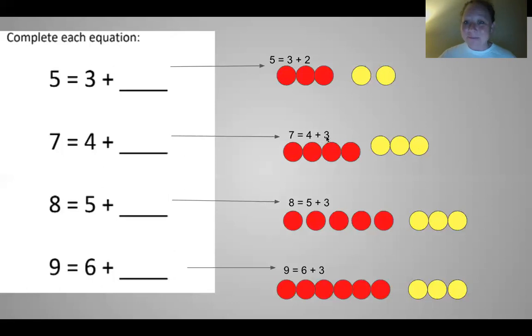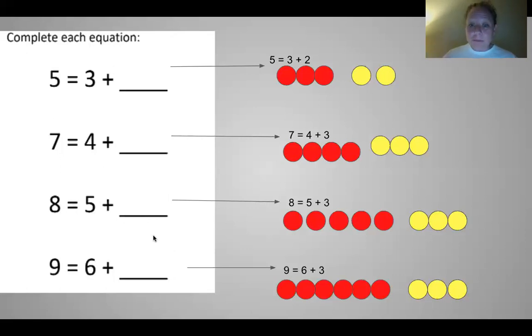Nice job. Let's look at the third equation. Read the equation with the blank. Are you ready? 8 equals 5 plus blank. I know I have 5, and I know I have 8 at the end, but how many do I need to put with 5 to get to 8? I'm going to count on.